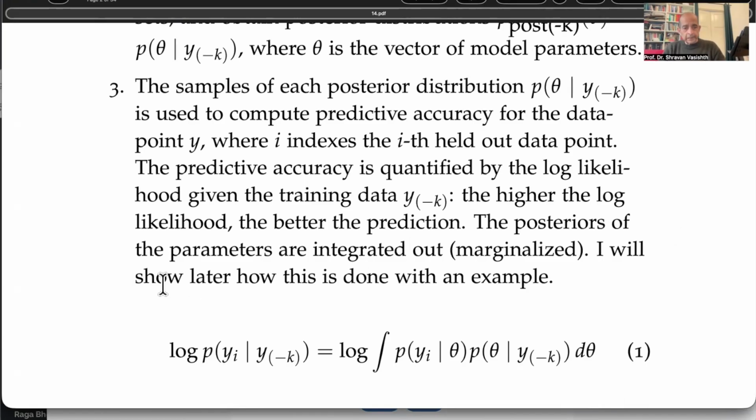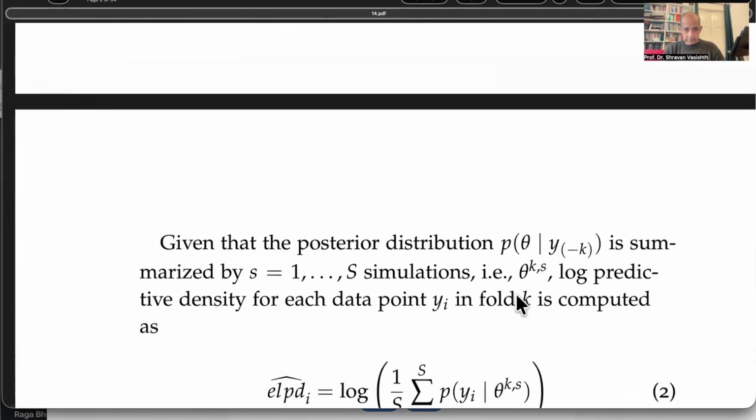What we are doing here is integrating out, or marginalizing over, the theta parameters. I will show you later how this is done. It's just summing over all the samples that we have eventually.